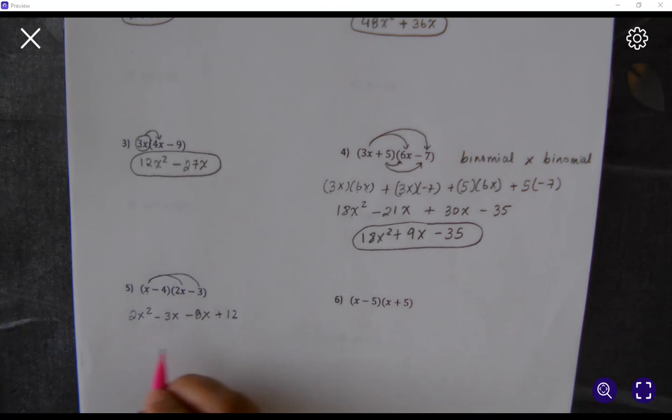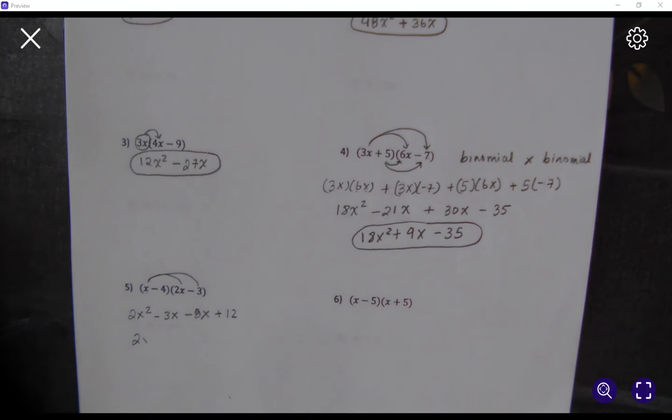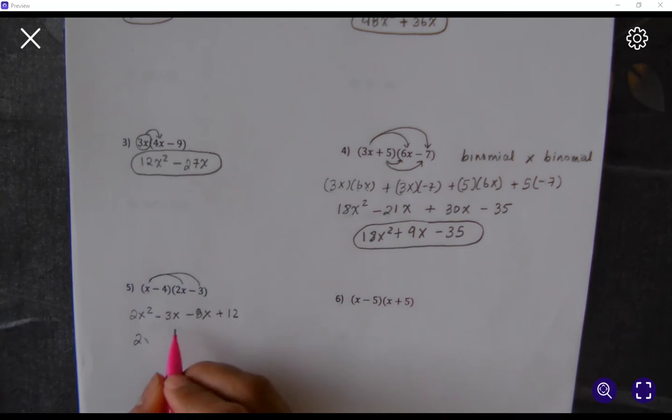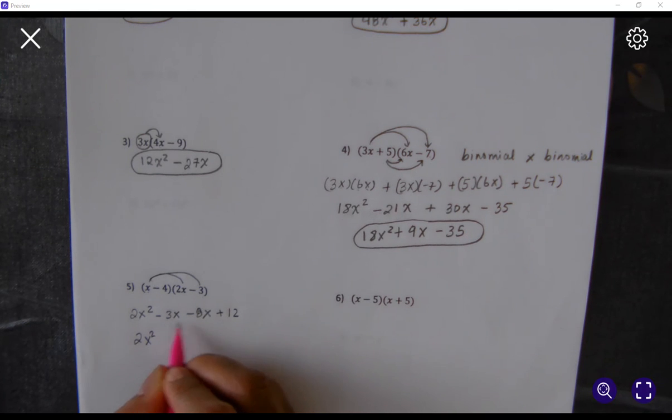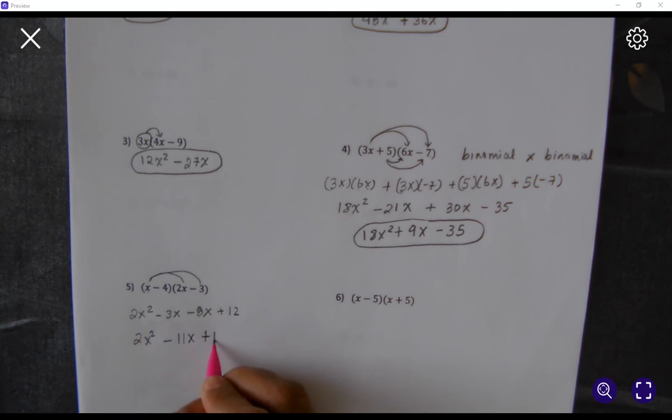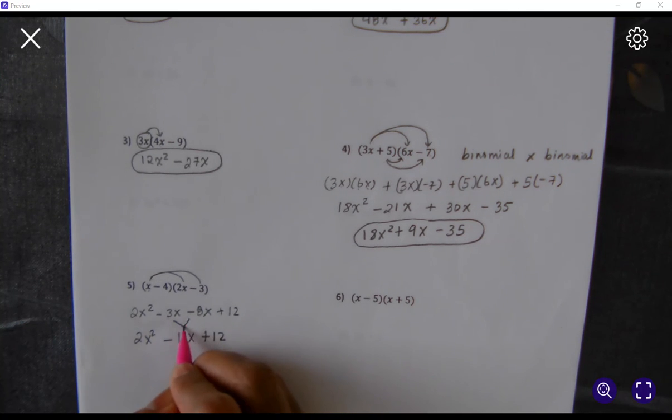Now you combine these terms. So you have 2x squared, and then negative 3 plus negative 8 stays negative, and that's 11. So negative 11x plus 12. Combine these two terms right here.